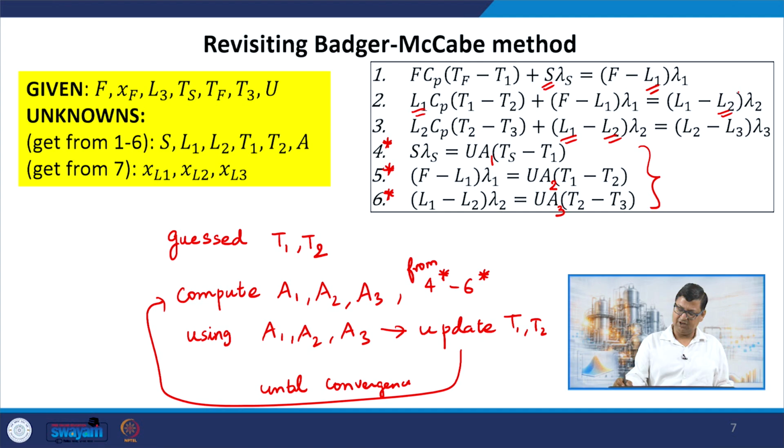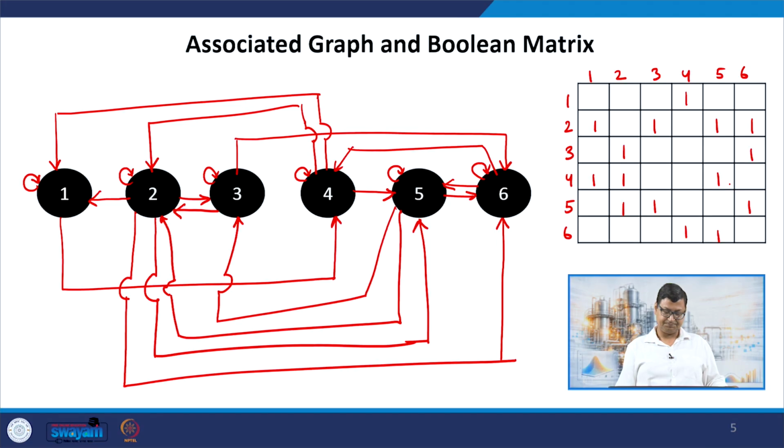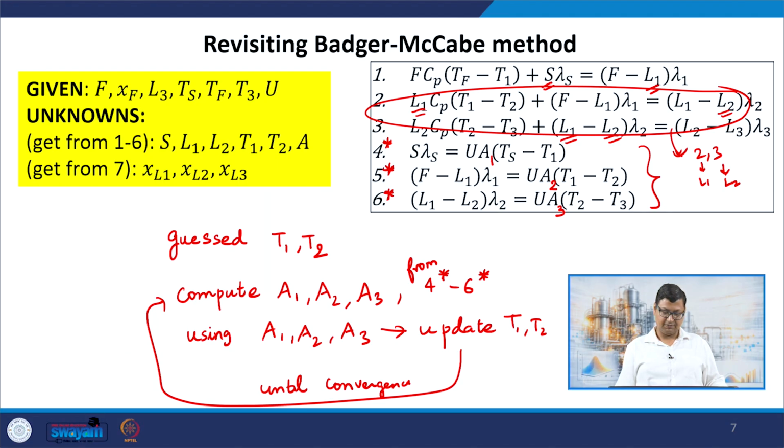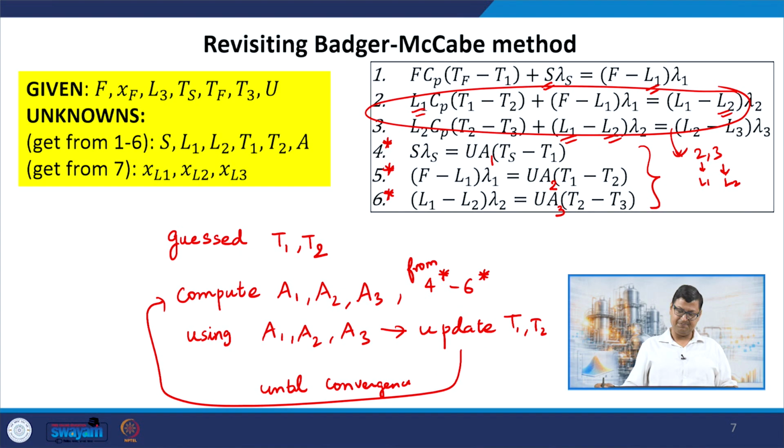So we can solve equations 2 and 3 simultaneously for 2 and 3, that is L1 and L2. Keep in mind that we have assigned L1, L2 as the admissible output of 2 and 3.